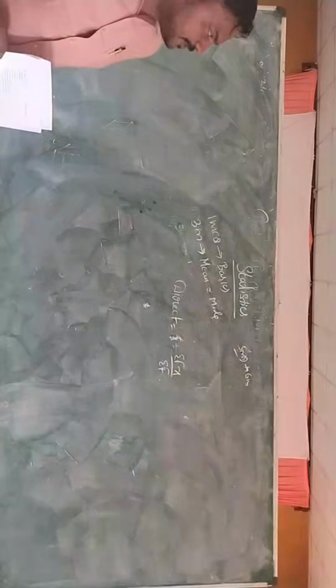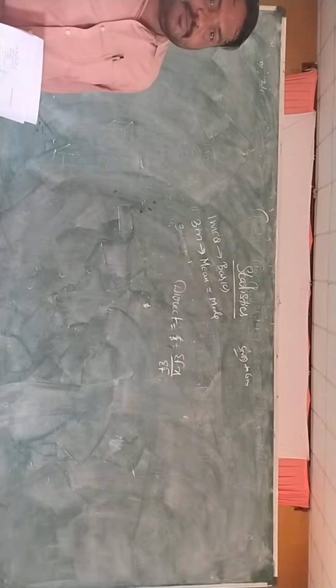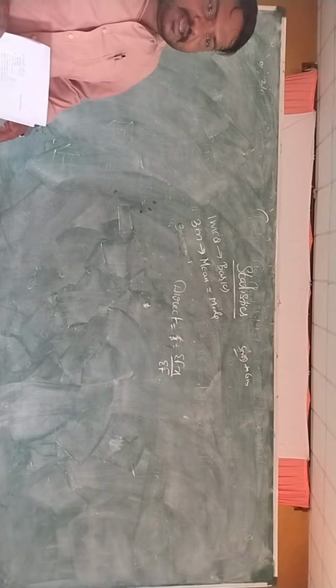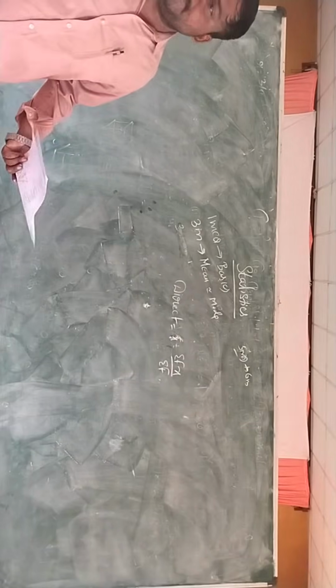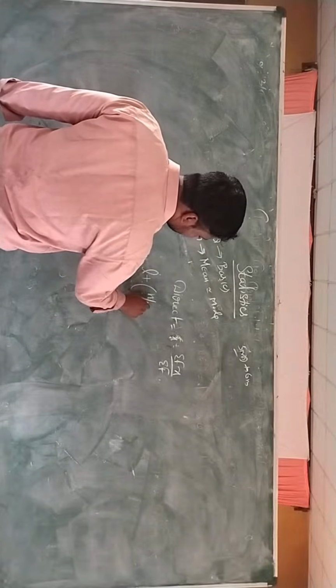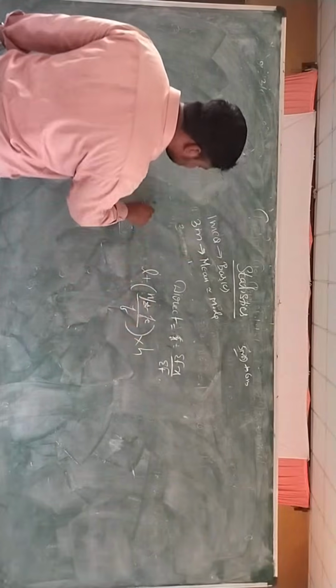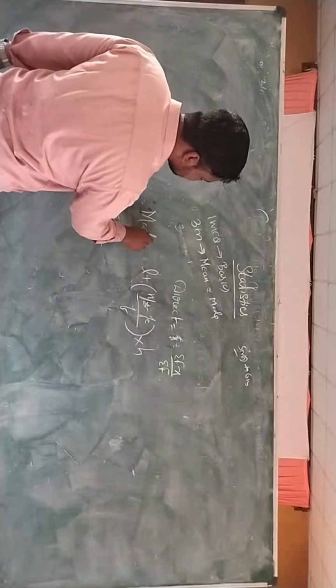Then median is L plus (n upon 2 minus cf) divided by f into h. This is the median. Correct.